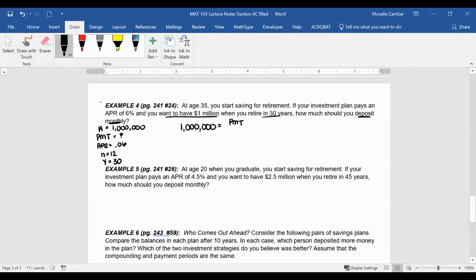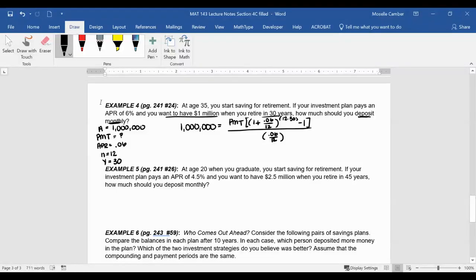So we have our payment times 1 plus my APR divided by my N, raised to the N times my Y, minus 1, all over 0.06 divided by 12, APR divided by N. Now, a lot of these are going to be monthly, but it could be different than monthly.